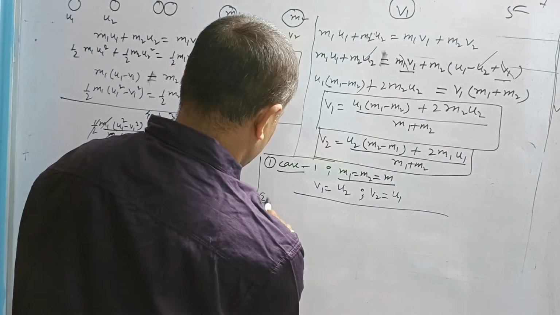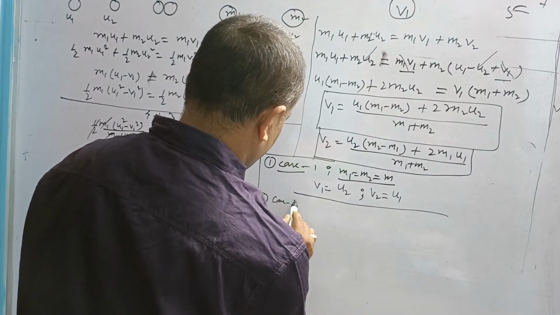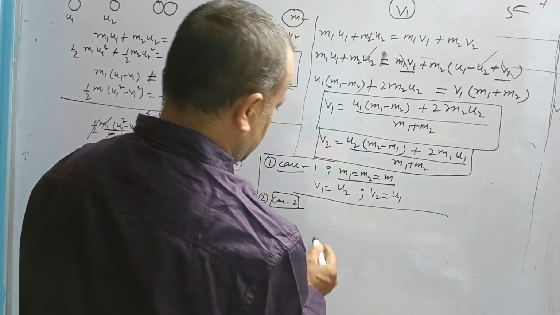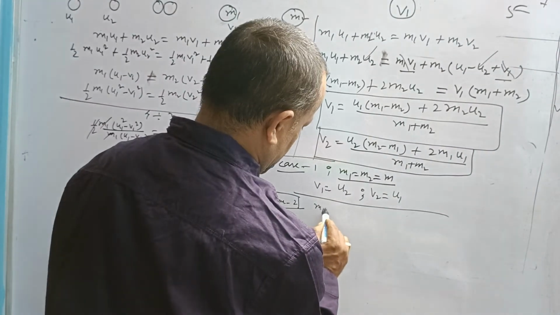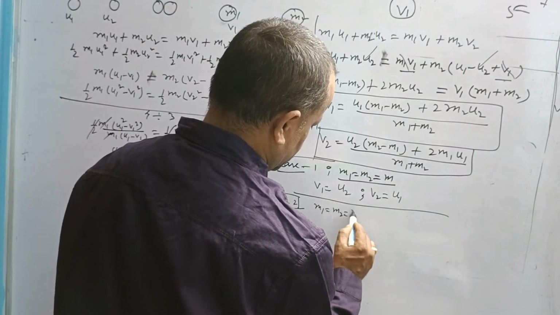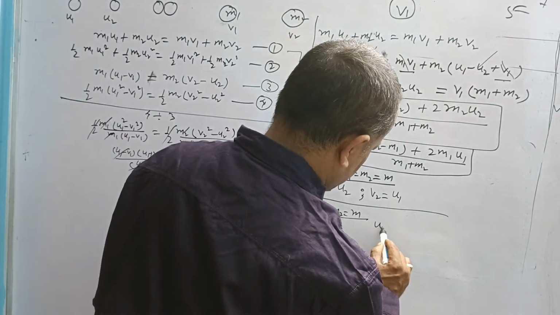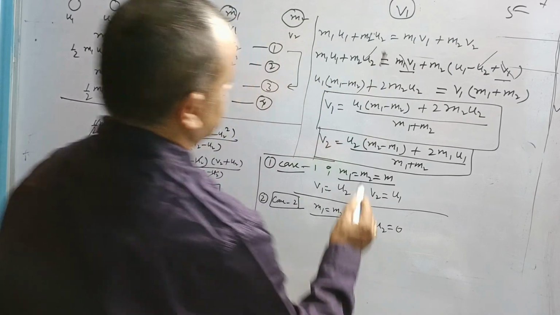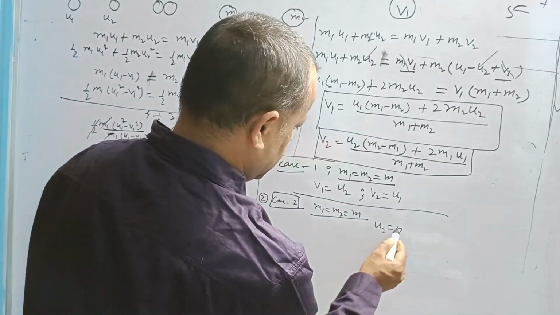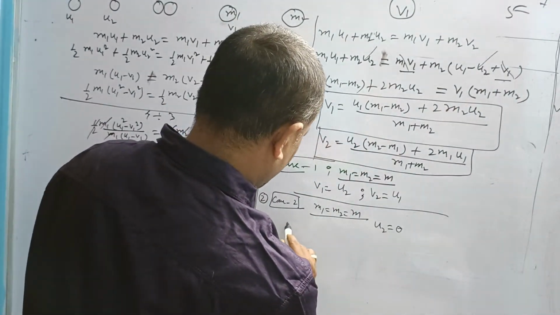Case 2, let us suppose M1 is equal to M2 is equal to M, and U2 is 0. The second body is at rest. Then what will happen?